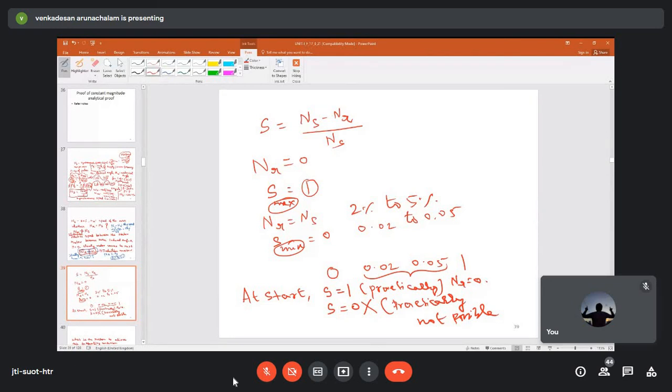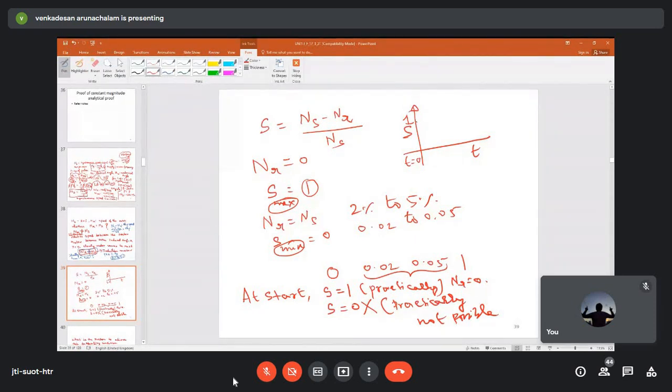Now I will give an example. You have designed a motor for a slip of 0.05. You are starting the machine. What will happen if you plot slip with respect to time? Initially, when time t equals 0, slip will go to 1.